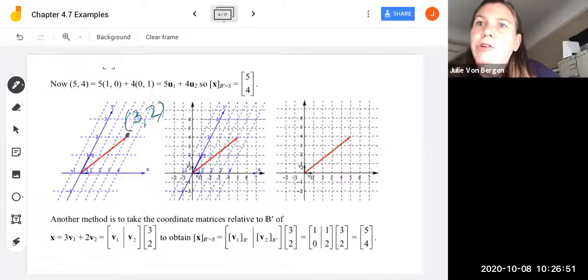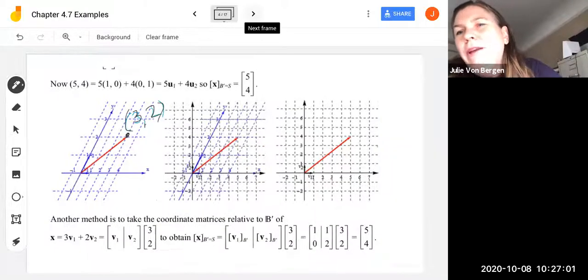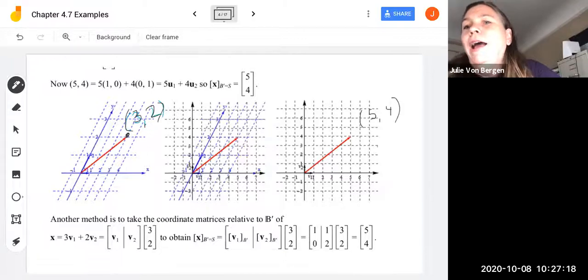That's representing our original B, this non-standard basis (1, 0), (1, 2). And then we're shifting to what we think of as a standard basis. That's what the second picture is supposed to be showing you: if we transition back to the standard basis, then we end up here at (5, 4) for the endpoint of our vector.